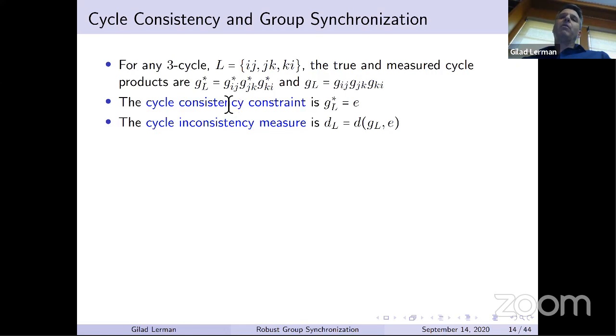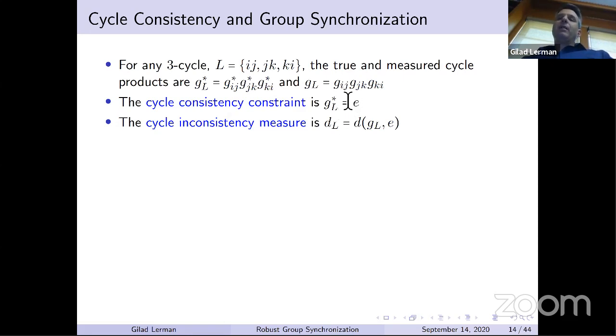So I just go along the cycle and I take either the ground truth group ratios or the measured ones, and I have this product, GL star and GL. Now, for the ground truth one, I know that I start with i and end with i, so I need to have GL star equal to the identity of the group. This is called the cycle consistency constraint.